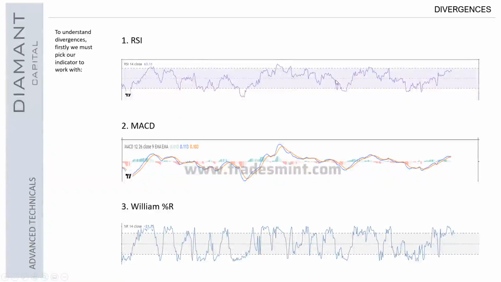They just show overbought and oversold. And in Forex, there's no such thing as overbought and oversold because it's not a commodity, for example.